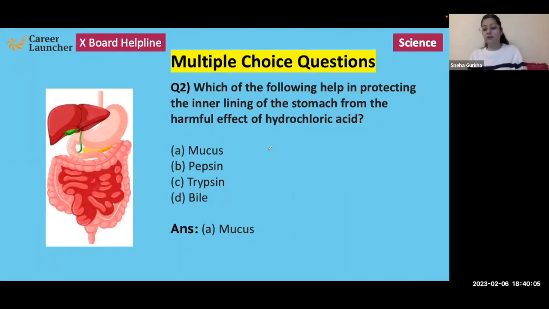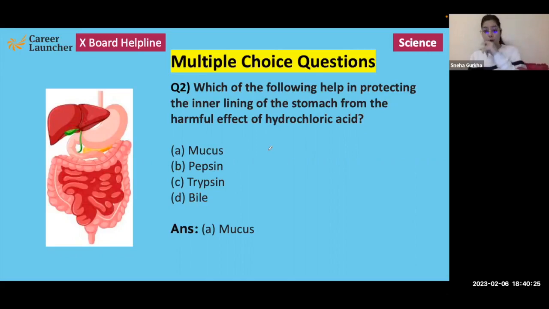But at the end of the day, it is an acid. It will have some harmful effects on the walls of the alimentary canal. In the lining of the stomach, it is going to have harmful effects if the wall of the stomach is not protected properly.